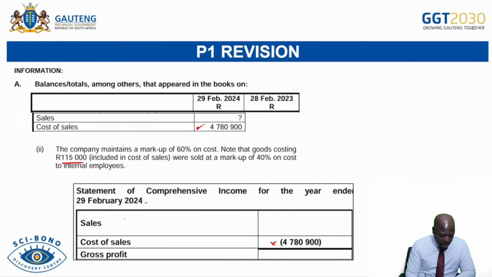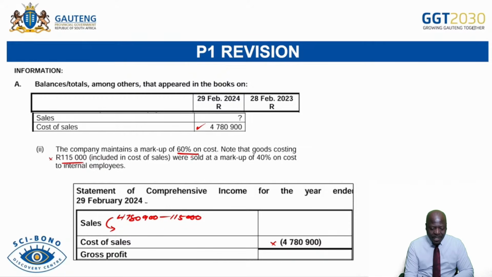So you come here and you say your 4,780,900. This is your cost of sales. And then we are told that there are goods that have a cost of 115,000 and they're in that amount. So I can take these goods out, 115,000. Once I take that amount out, I'm going to remain with the cost of sales for the goods which were sold at 60%.